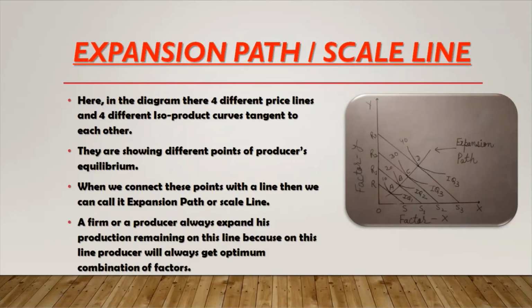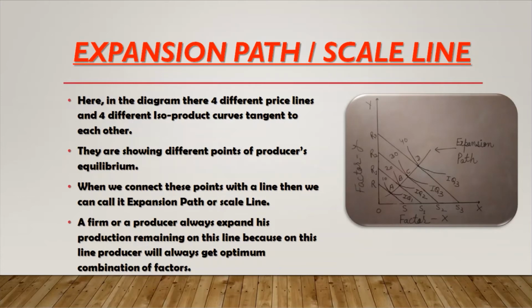Now we will see expansion path or scale line. Expansion path or scale line is a path on which a producer always wants to remain and always does the production while staying on that line. So in this diagram there are 4 different points of producer equilibrium which are set with help of isoproduct lines and isoproduct curves.